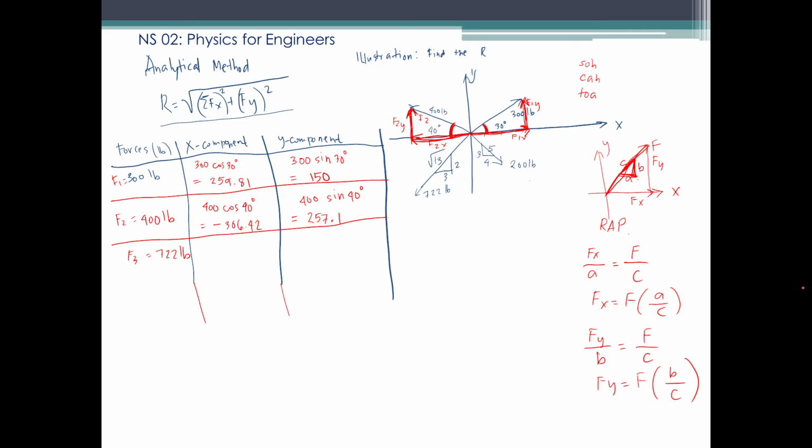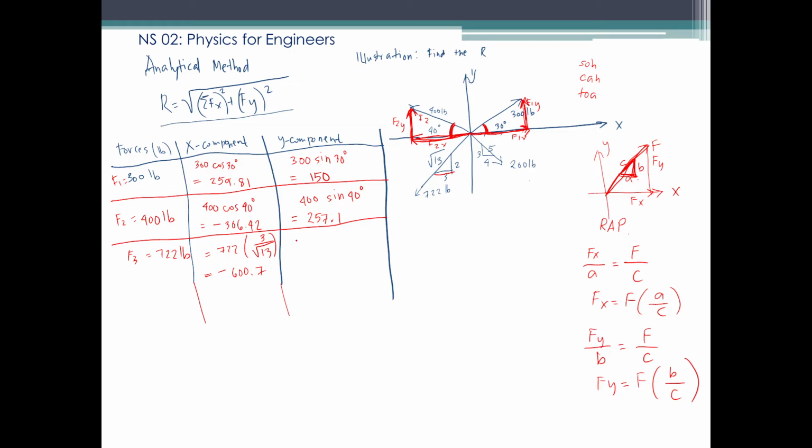So for this one, 722 times the x component, so 3 over square root of 13. Okay. Then the answer here should be negative, going to the left. So the x component of that 722 pound force is negative 600.7 pounds.